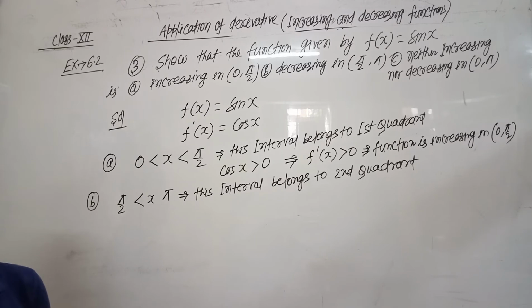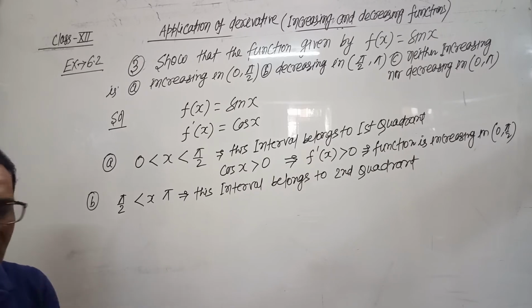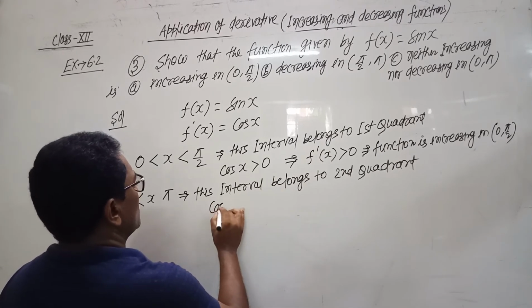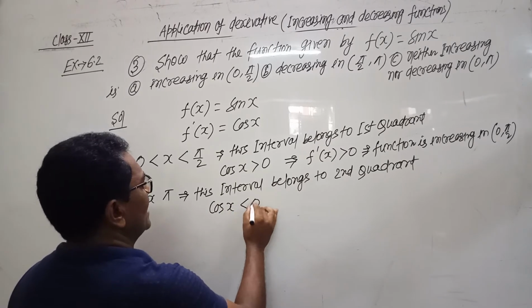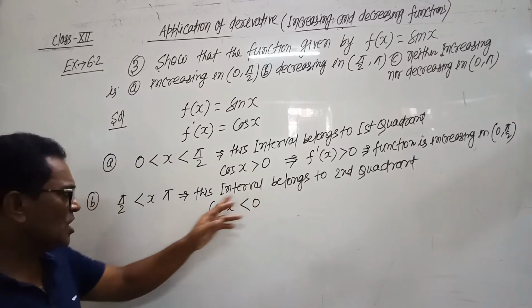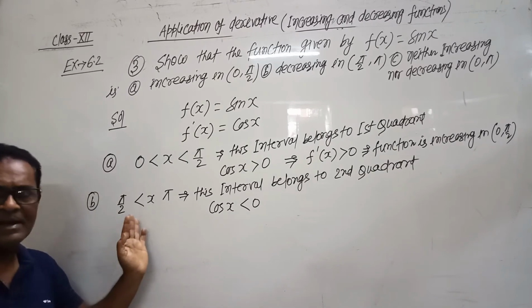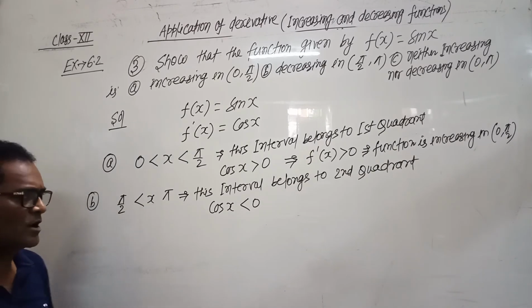In the second quadrant sin x is positive, and the rest of the trigonometric ratios are negative. So it means cos x is less than 0, because x lies in the interval containing the second quadrant.